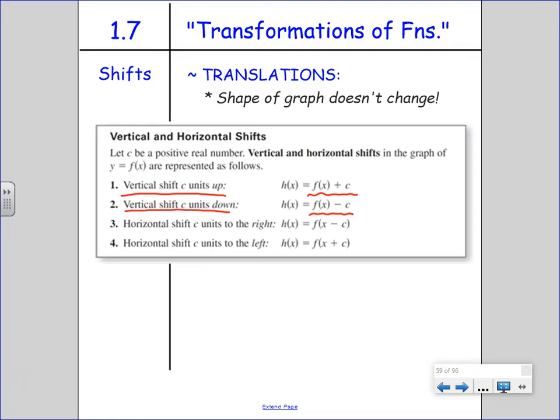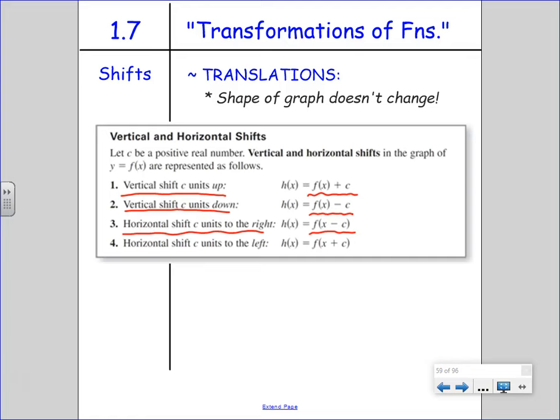Remember how to remember? Because in the next example, it's no longer on the outside. It's inside. On the inside, it's happening to the x's. So my x's are shifting. Now why is this weird? Horizontal shift to the right. Remember? Horizontal is opposite of what you think.